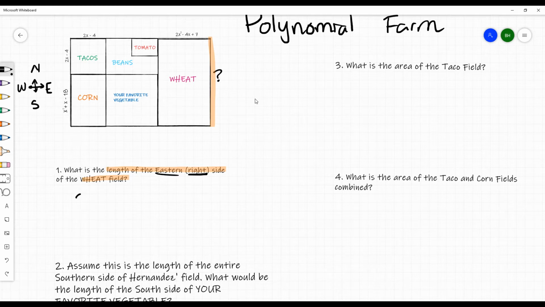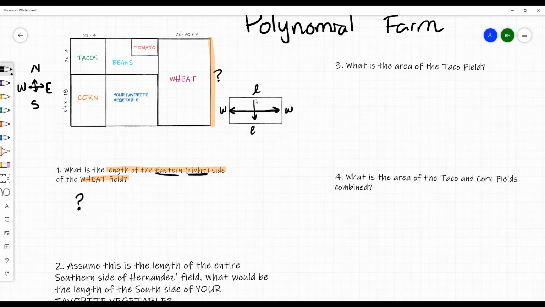We want to find out what that question mark is, but we need to use some context to figure that out. A big portion of a polynomial farm is dealing with rectangles, such as this one, or squares. If we remember, a rectangle has certain lengths and widths: the sides that are parallel with each other are the same.